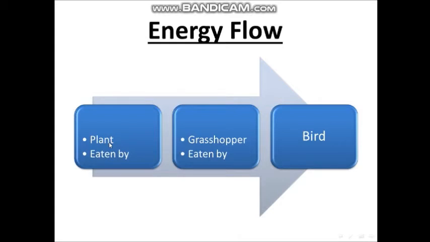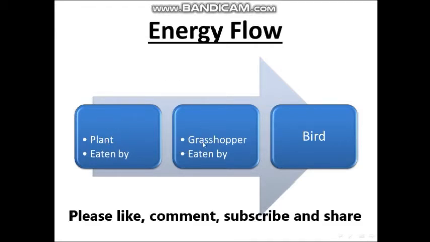Now this plant was eaten by the grasshopper, so the energy is now transferred to the grasshopper. Now this grasshopper was eaten by a bird, and now the energy is transferred to the bird. But at each level, we should always remember that there is a certain loss of energy. Why is there loss of energy? Because they are carrying on their own processes, and through that energy is lost.